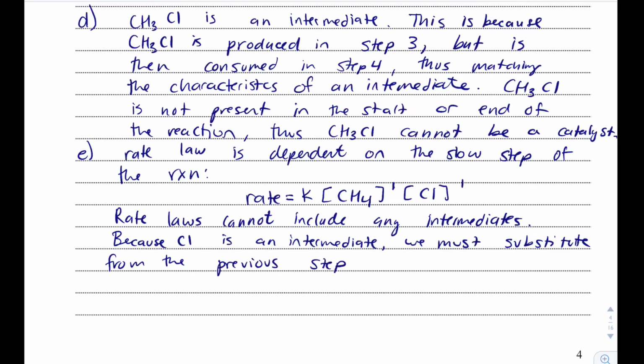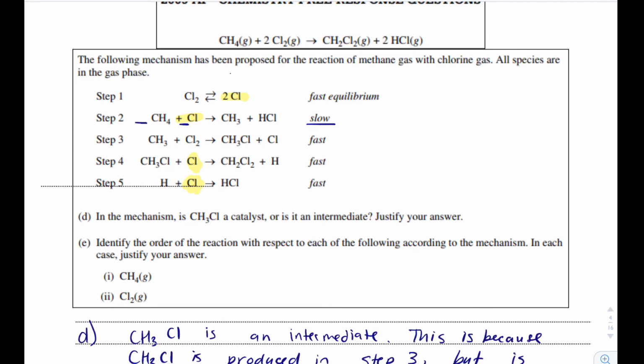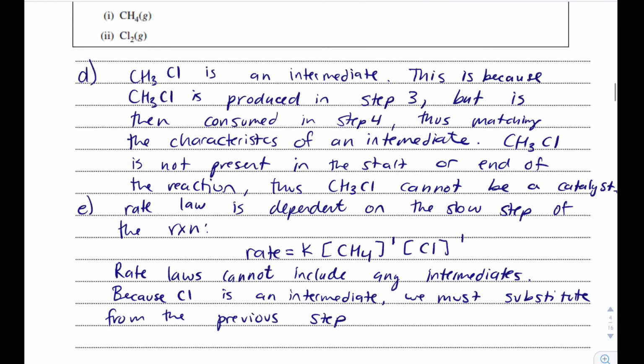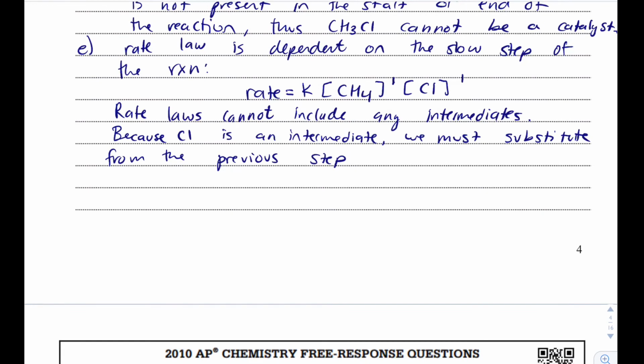And according to the previous step, we have Cl squared equals Cl2, and Cl2 is not an intermediate, it's just a reactant. So we will say that Cl squared equals diatomic chlorine, but all I want to substitute out is 1 chlorine.